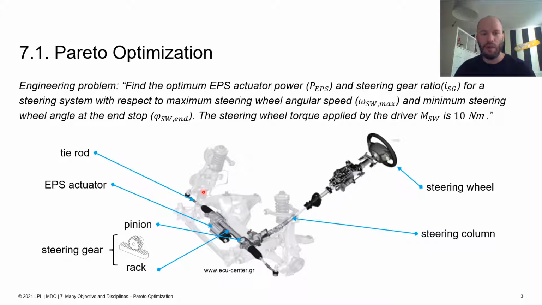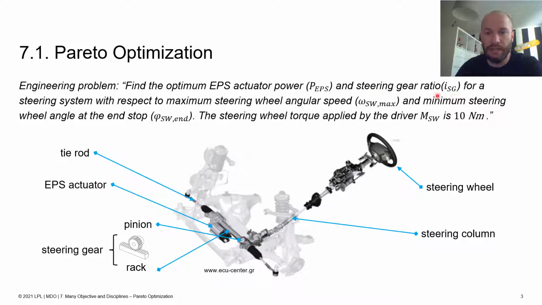And one key ingredient in modern steering systems is the EPS actuator. So this is a motor which is supporting the steering maneuver. And what is our engineering problem? What we want to do is find the optimum actuator power, P EPS, and steering gear ratio, ISG.